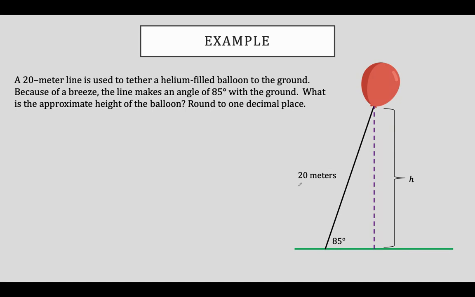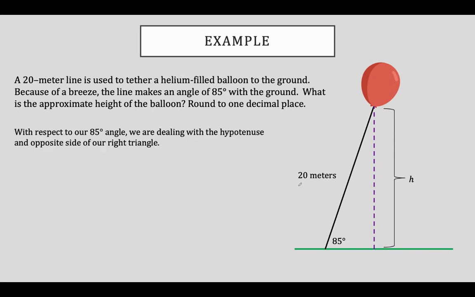Now, is there a trig function that relates the opposite side and the hypotenuse of our right triangle? Yes. The answer, sine. Think about our sine function. We know that the sine of our angle theta has to equal the ratio of our opposite side divided by our hypotenuse.